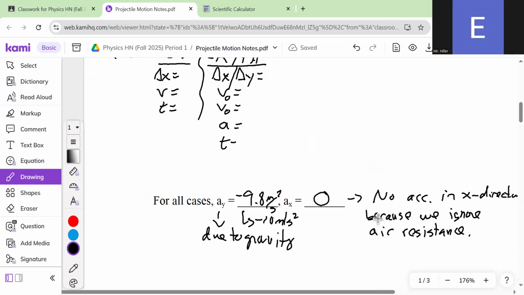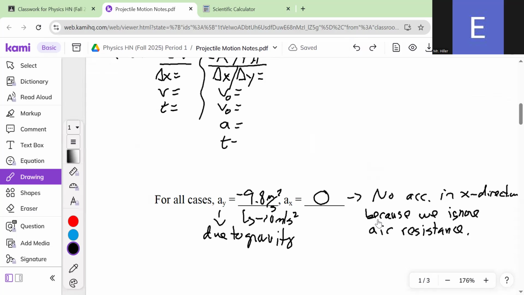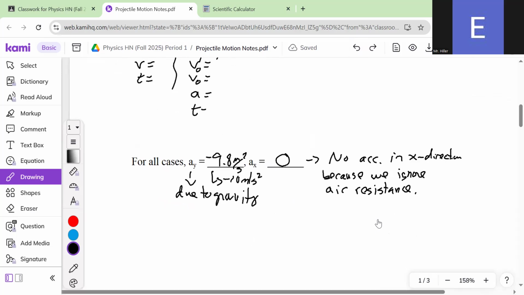So we're assuming at this level of class that we would ignore air resistance. In other higher level physics classes like AP Physics C or any college level physics classes, there are units that do involve air resistance and the calculus-based applications that you would apply to deal with it. At this level, we're going to ignore it.